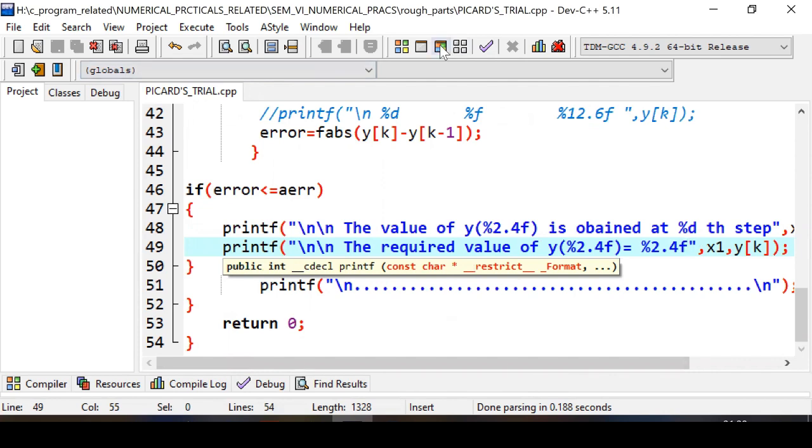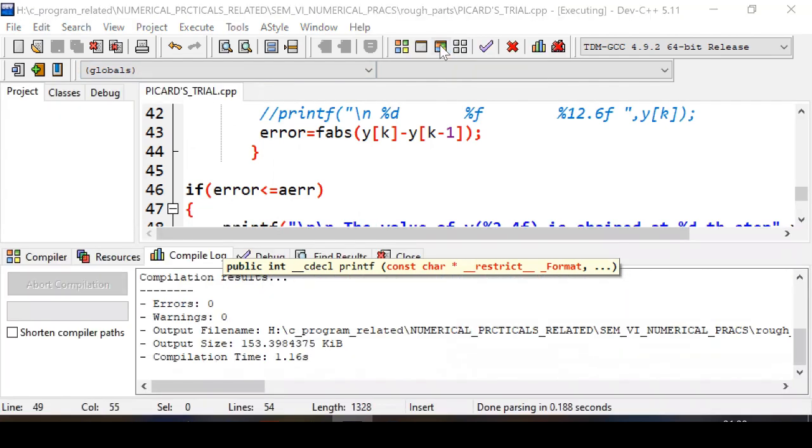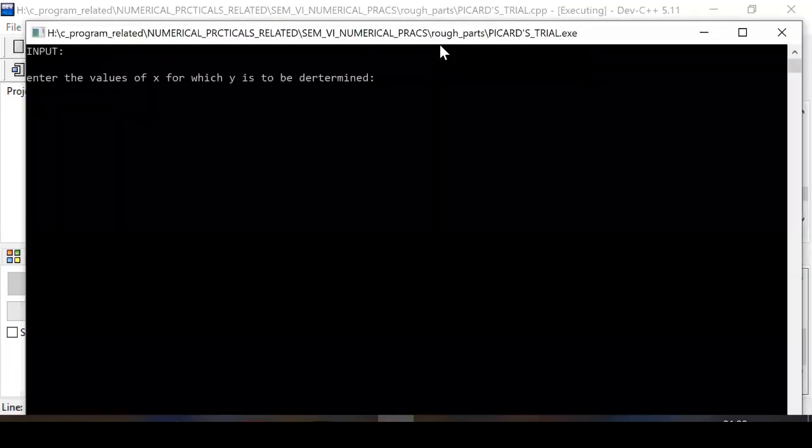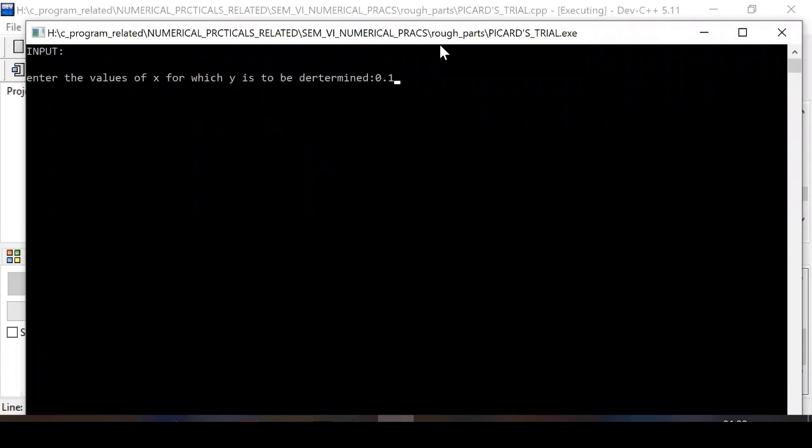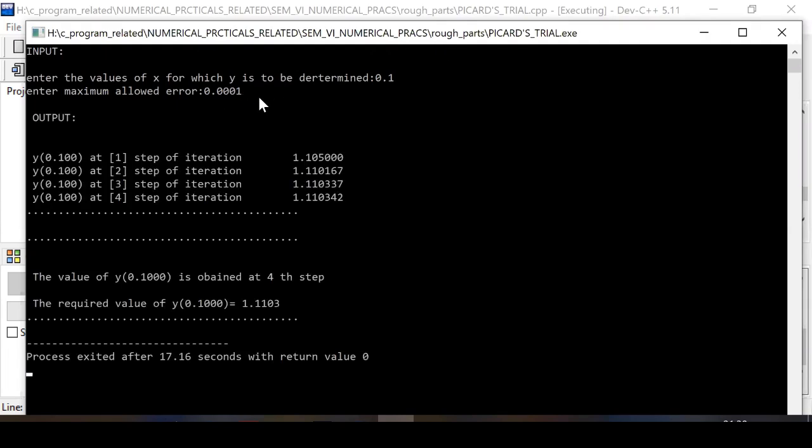Let me run and see what happens. 0.1 is the point where we are trying to determine the value of y, and let me set the allowed error to be 0.0001. That means up to 2 decimal places your answer will be accurate. You see y at this point, then the value of the first step of iteration, second, third, fourth.